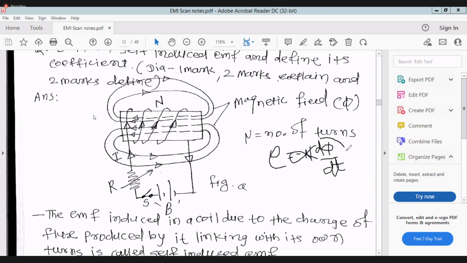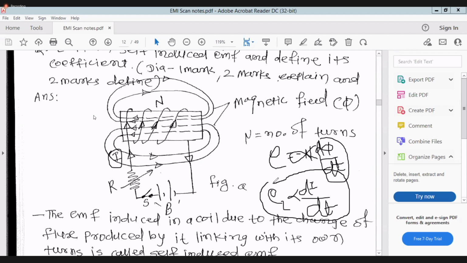But this rate of change of flux is due to the rate of change of current. So the induced EMF is directly proportional to di by dt, the rate of change of current. Why is there a change of flux? Due to the rate of change of current. So the self-induced EMF, EL, is directly proportional to the rate of change of current.